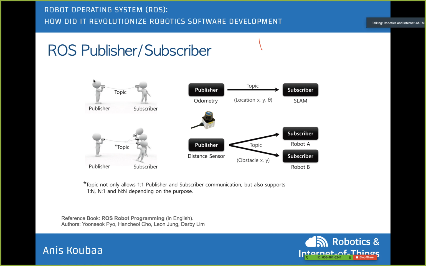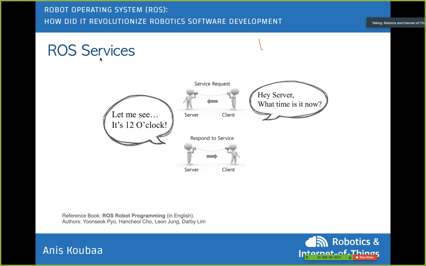Anything that you have new, you are going to send the new information to the subscriber without having an explicit request. Otherwise, in the services, the client is going to send a request, receive a response, and then the communication is going to end. If you want to have another information, you have to send another request, and then you will get back another response. So this communication paradigm is synchronous. The client, when it sends a request, is going to wait until the response. So it's going to be blocked until the response is coming.